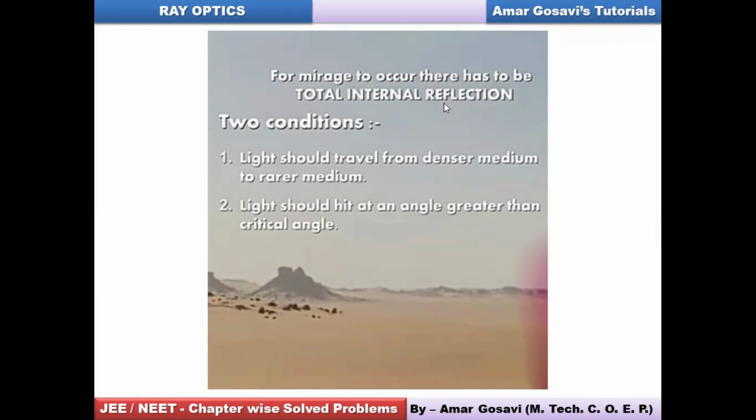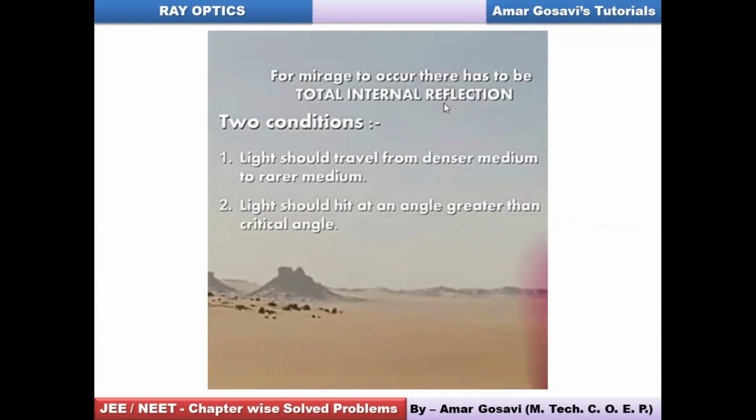So we have seen how total internal reflection of light as a phenomenon is being used for optical fiber communications. And we have also seen how this total internal reflection of light works its miracles in nature so far as mirage is concerned.